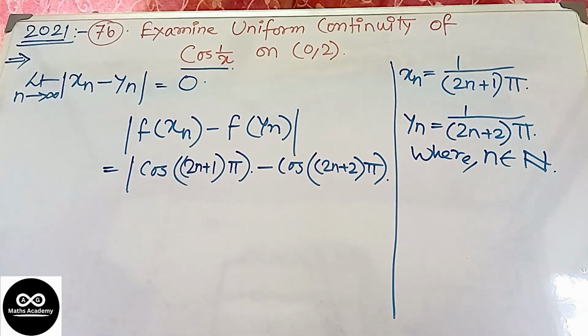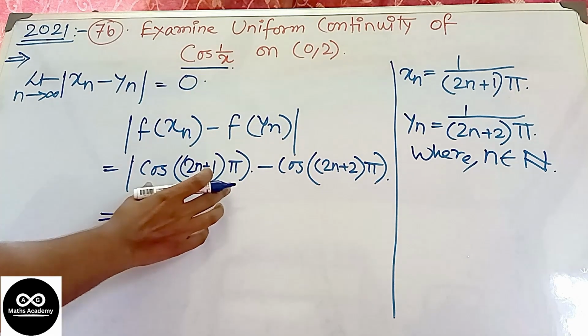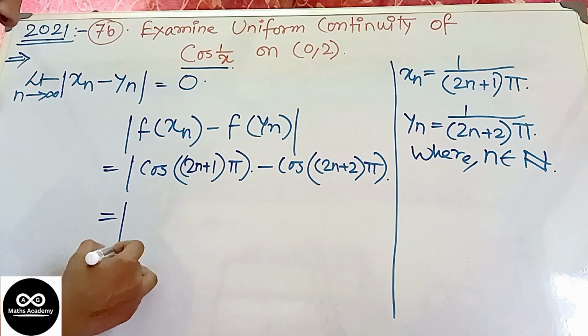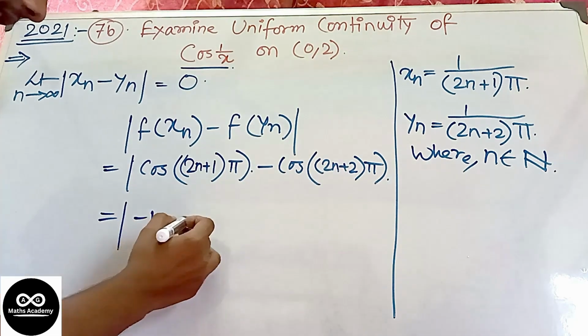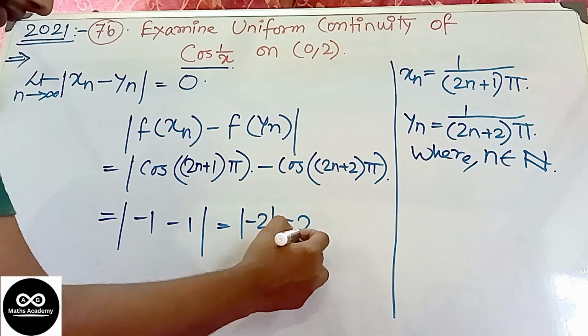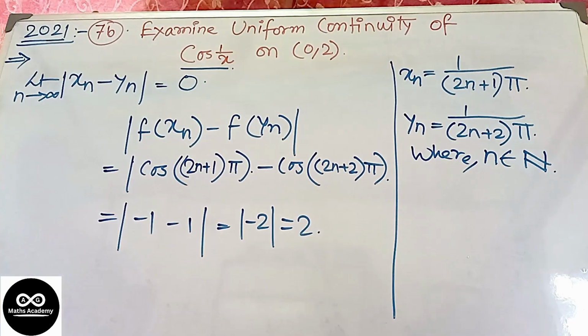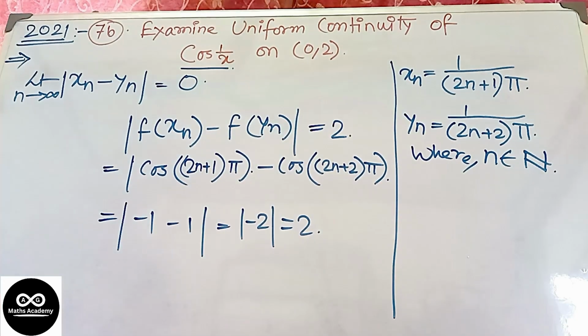So now this gives minus 1 and this gives 1, so it will be |-1 - 1|, which is 2. So the value of this is 2.